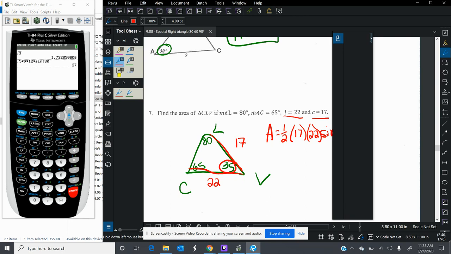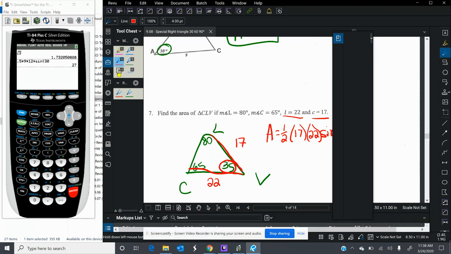Half times 17 times 22 times sine of 35 degrees should give us 107.258. They don't tell us where to round to. I would like to go 4 decimal places, so it's 2. It will clearly state on your homework here in a second.